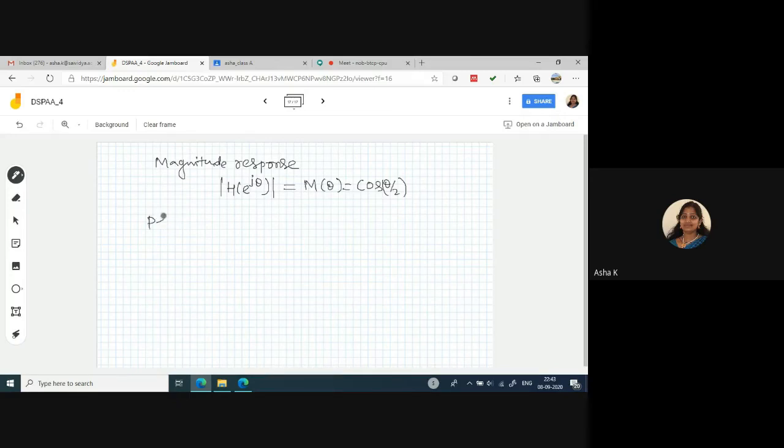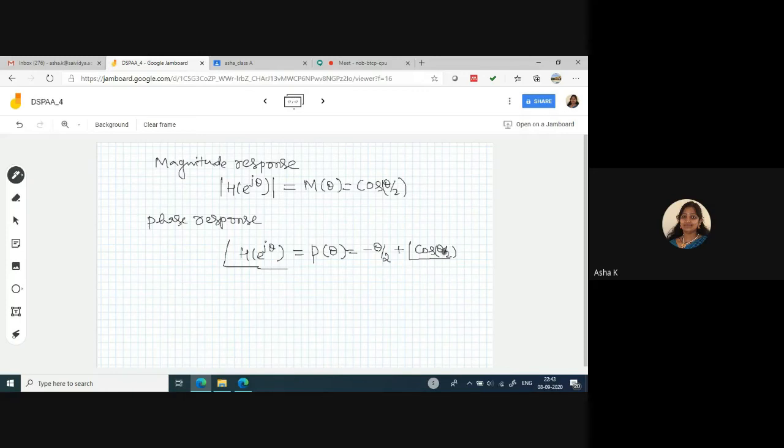Moving on to the phase response. The phase response of H of e power j theta is written as phase of theta, that is equal to minus theta by 2, the first term value, and also the angle of cos of theta by 2.